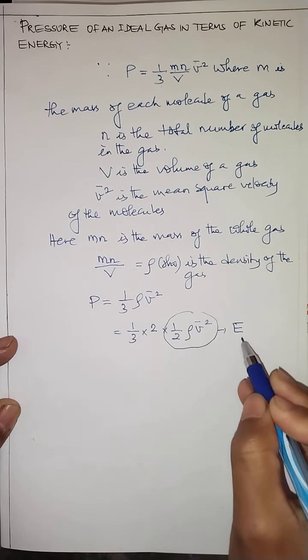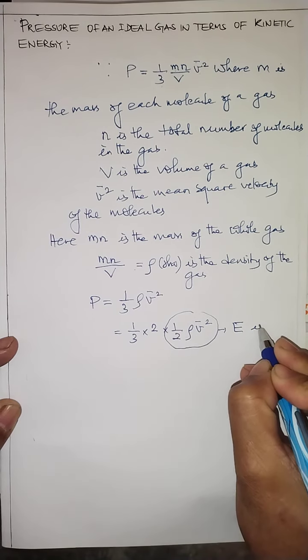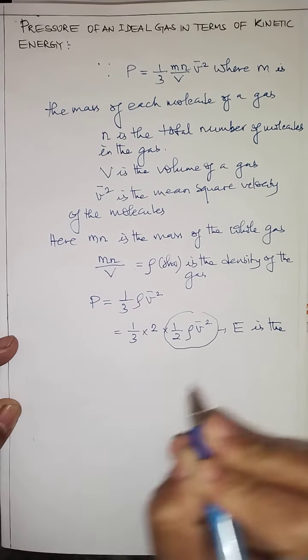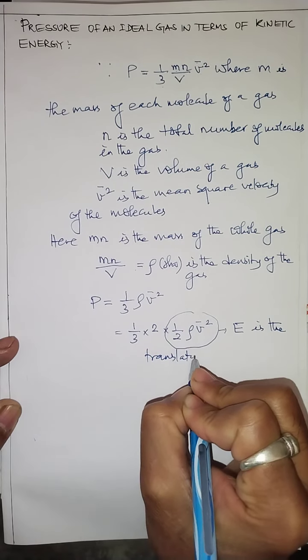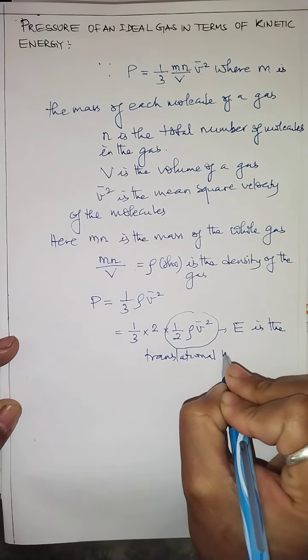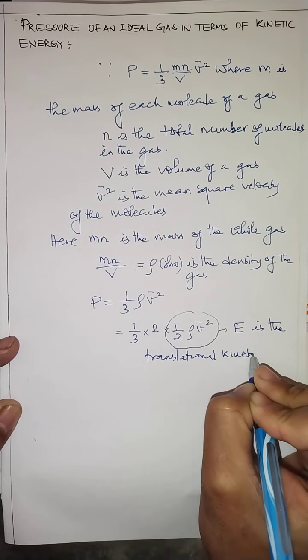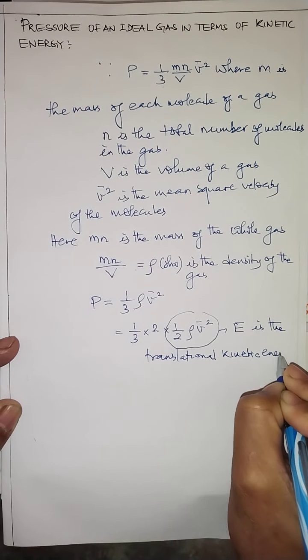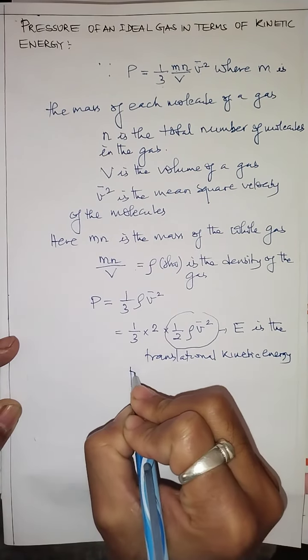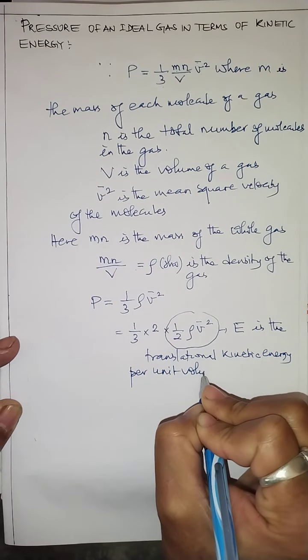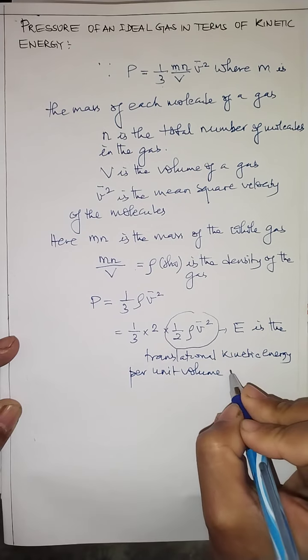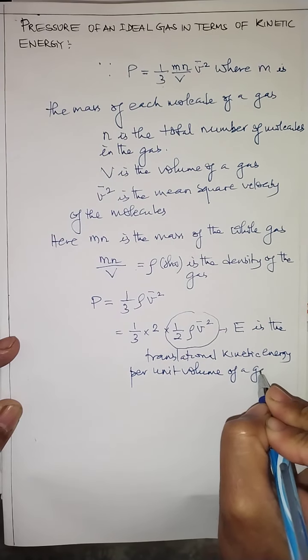So I replace this by the letter E, and E is actually nothing but the translational kinetic energy. Kinetic energy per unit volume. This is important. Per unit volume of a gas.